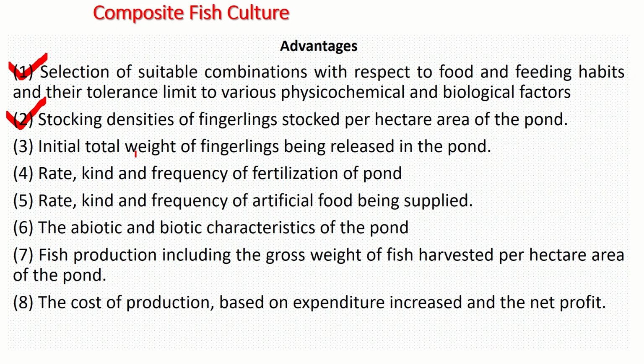Second, stocking density of fingerlings stocked per hectare area of the pond. Third one, initial total weight of the fingerlings being released in the pond. And fourth, rate, kind and frequency of fertilization of the pond.